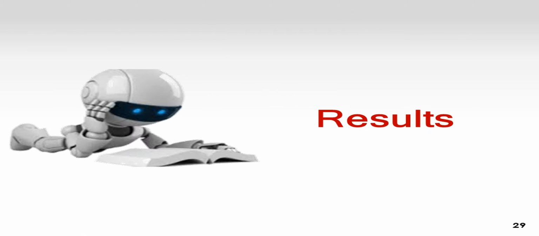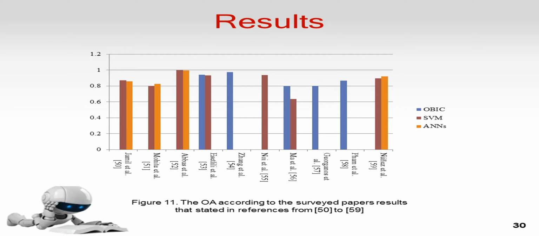The comparative results are taken from the surveyed papers. Object-based image classification has the higher accuracy in each paper that compared object-based and pixel-based image classification. For SVM and ANNs, SVM is greater in some papers, and ANNs is greater in the other papers.